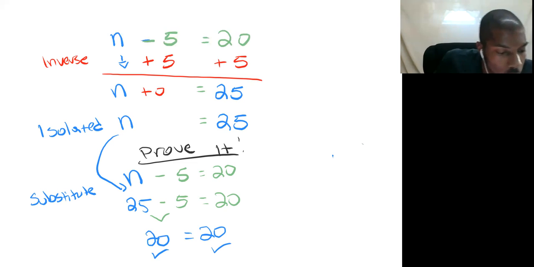Now, let's try one where the variable is not in the front. Here's a good one. We'll do 2 more, and that will be the end. How about 8 is equal to whatever s is minus 5?